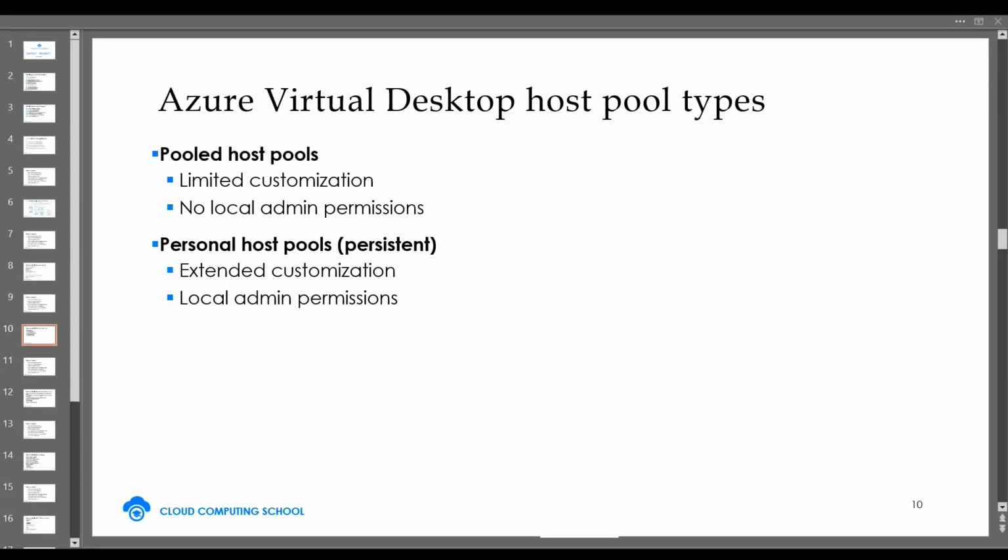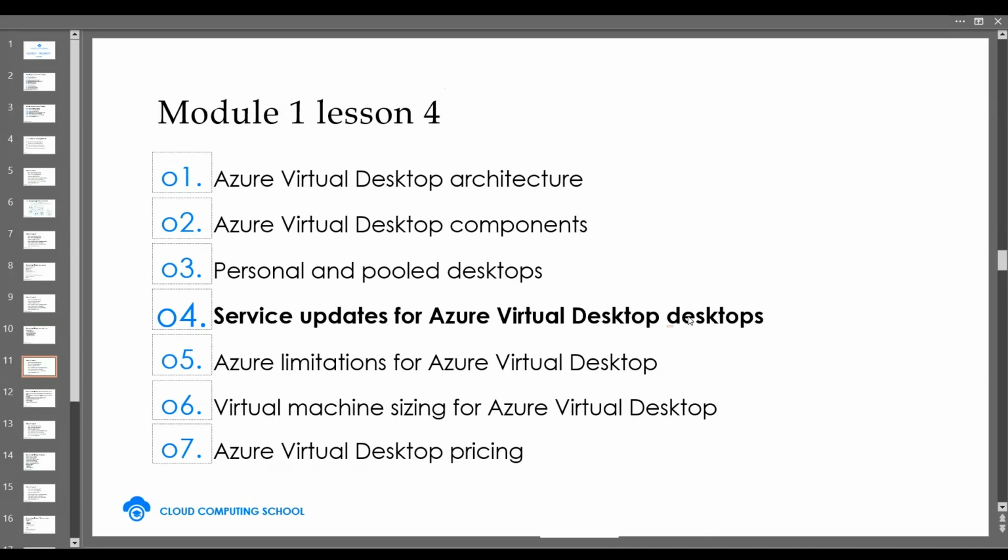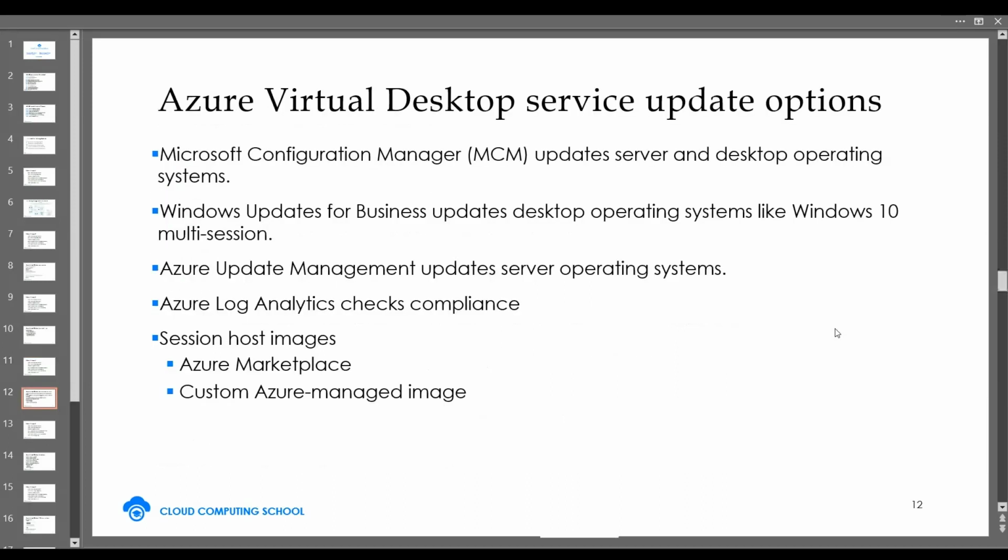There are several options for updating Azure Virtual Desktop desktops. The Microsoft recommendation is to update each Azure Virtual Desktop image once every month to cover security, compliance, and virtual desktop state update requirements. The following methods can be used to apply updates in an Azure Virtual Desktop image.